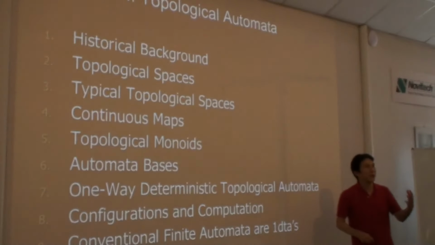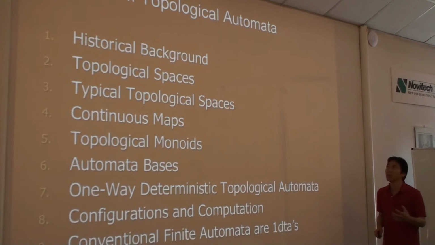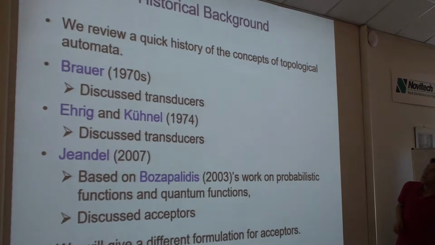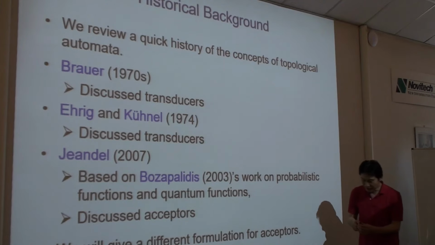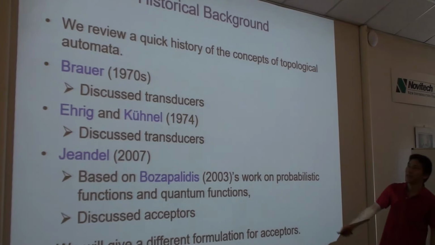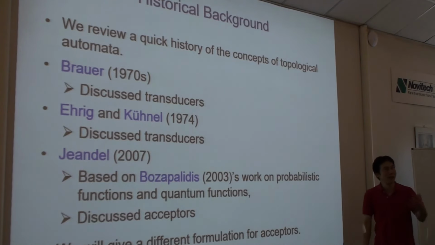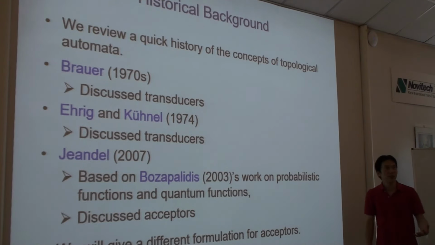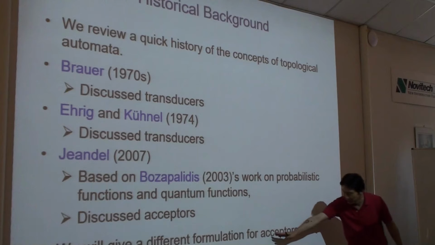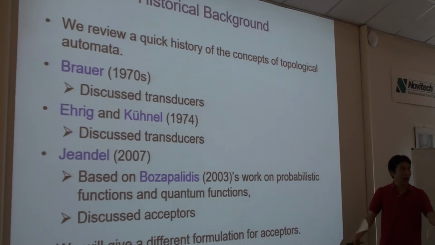Okay, so I start with the very basic definition of topology. This is just a brief history of topological automata. It started in the 1970s. As far as I know, this might be the oldest, but maybe I'm wrong. Blower first discussed transducers, which is slightly different from what I'm going to talk about, because I'm going to talk about acceptors or recognizers.